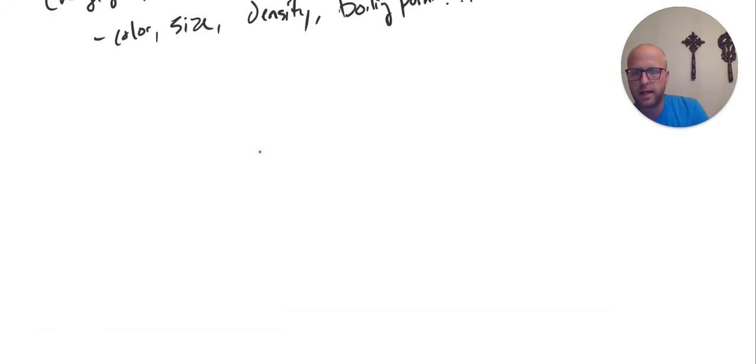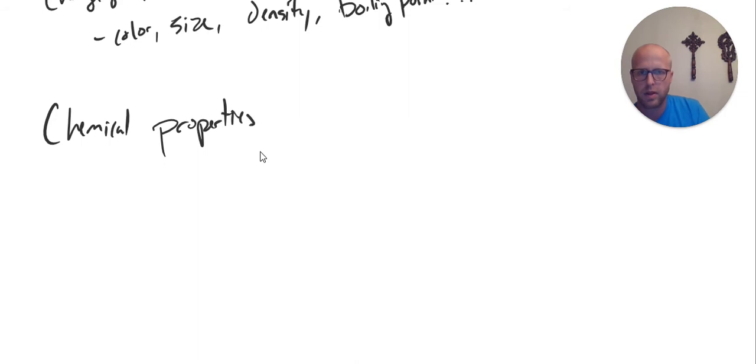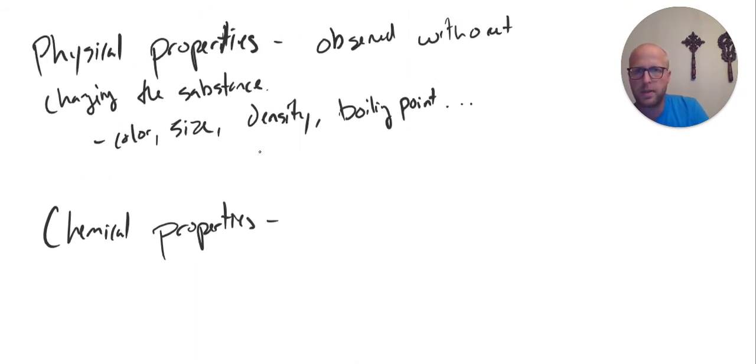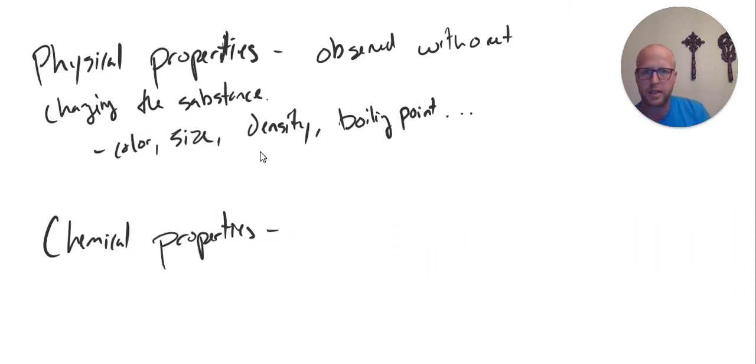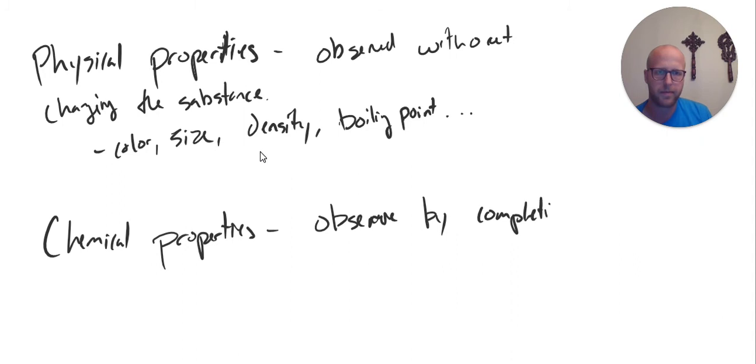To contrast that, chemical properties. Physical properties you can observe without changing the substance. Chemical properties you have to observe by completing a chemical reaction.